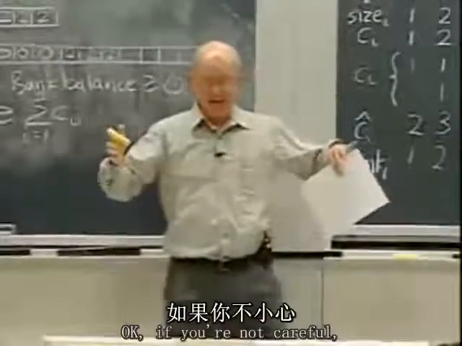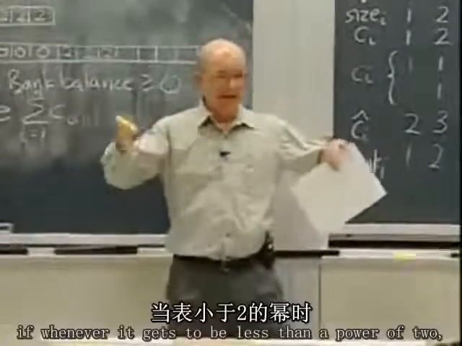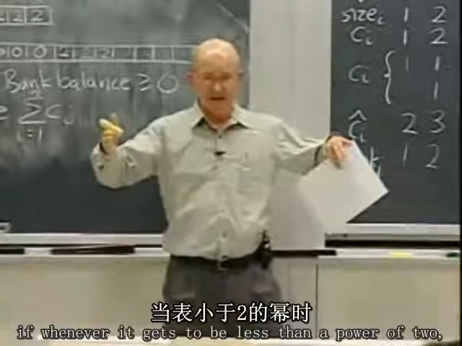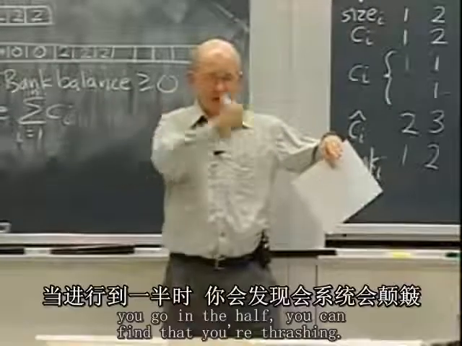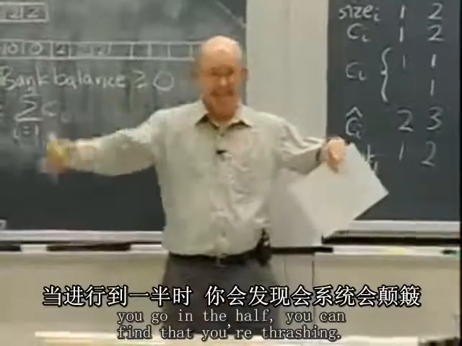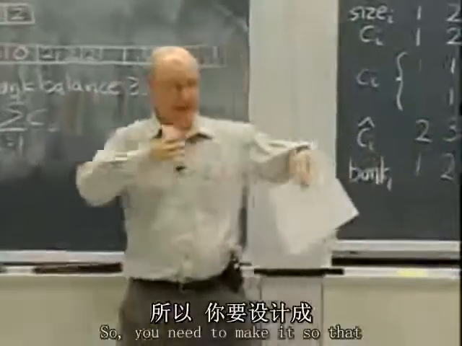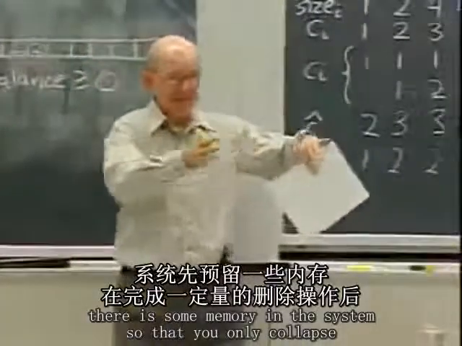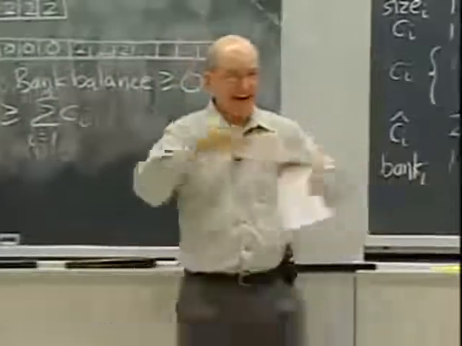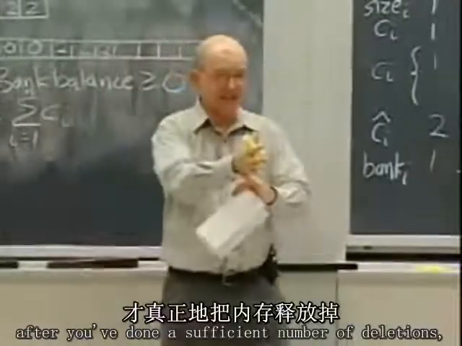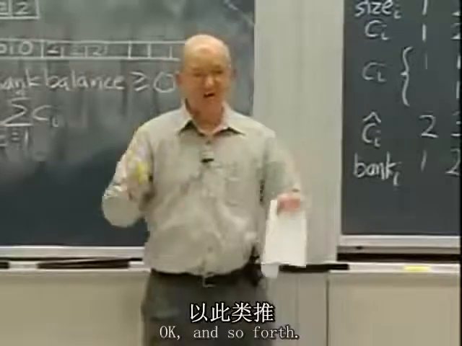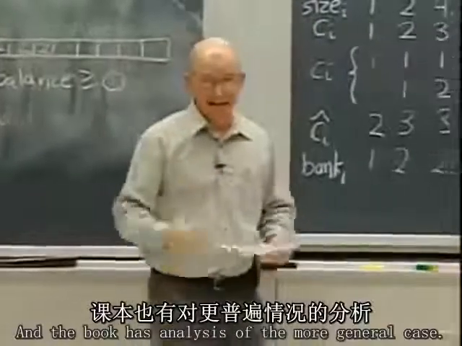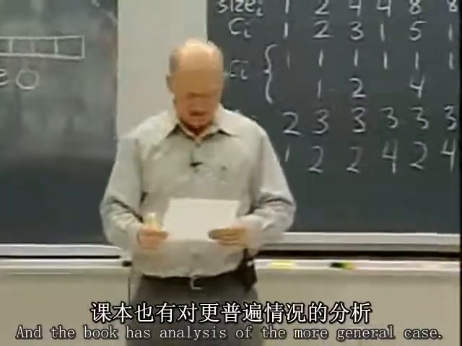If you're not careful, and whenever the table gets to be less than a power of 2 you go in half, you can find that you're thrashing. So you need some memory in the system so that you only collapse after you've done a sufficient number of deletions, and so forth. And the book has an analysis of the more general case.